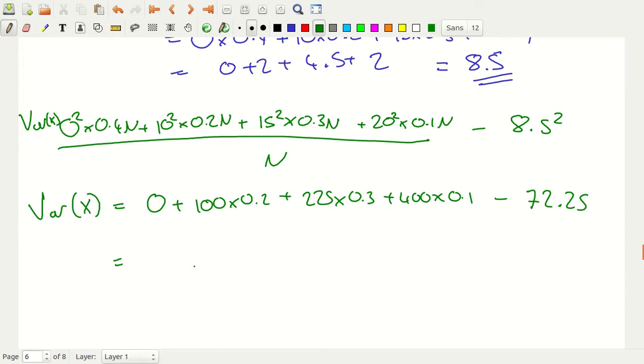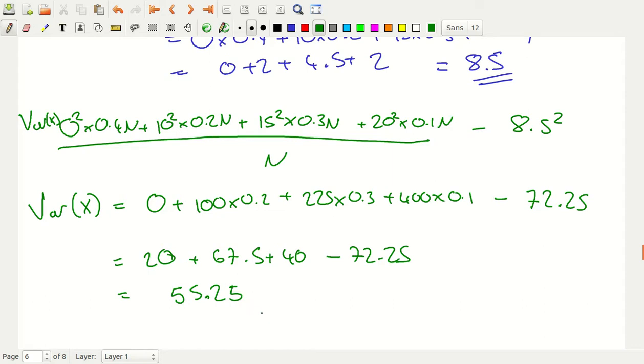Okay, so that's equal to 20 plus 67.5, forgive me, 67.5 plus 40 minus 72.25, which is 127.5 minus 72.25, which is 55.25, I think.